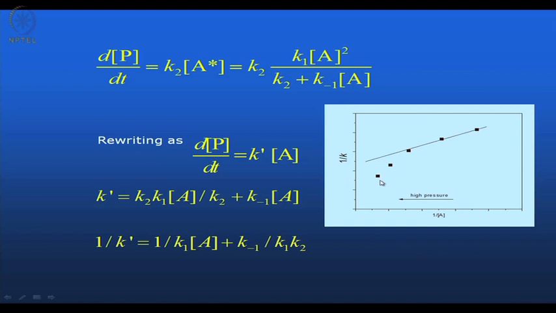That means we can say that truly this Lindemann mechanism is operative, otherwise it should not have deviated and the rate constant should not have shown pressure dependence. So, it is a test of Lindemann's unimolecular mechanism, whether it is operative or not.